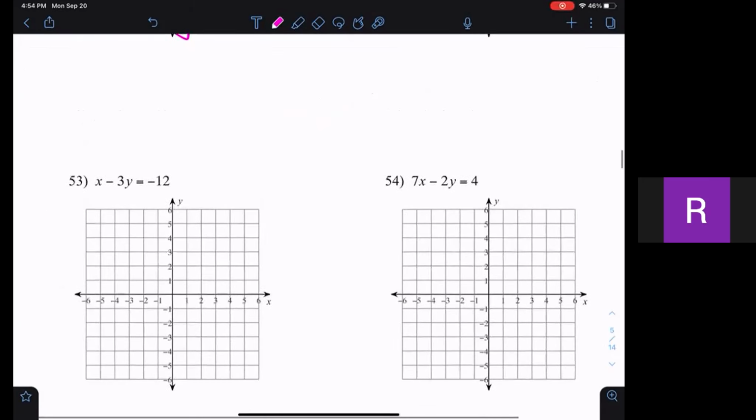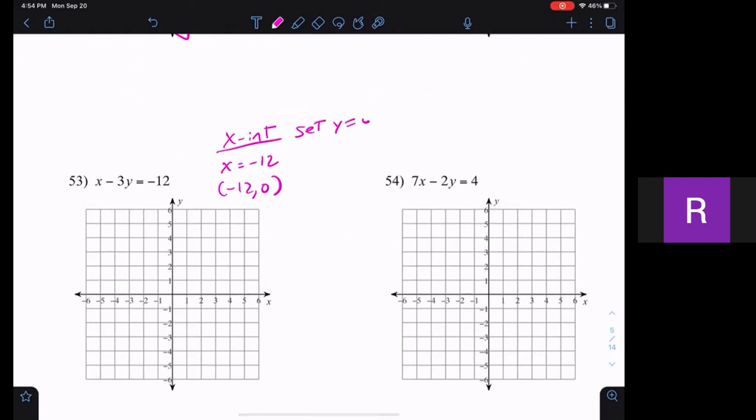Here they want you to sketch the line too again. So you can do the x-intercept. The x-intercept is set y equals 0. So x equals -12. So this is (-12, 0). This is the x-intercept. Set y equals 0. And then the y-intercept, this is all slope chapter. Set x equals 0, right?